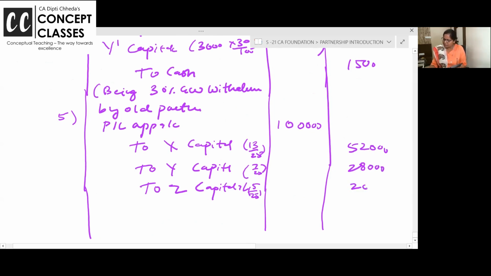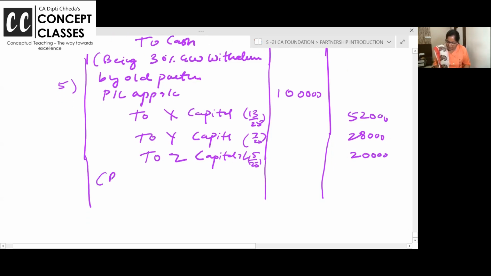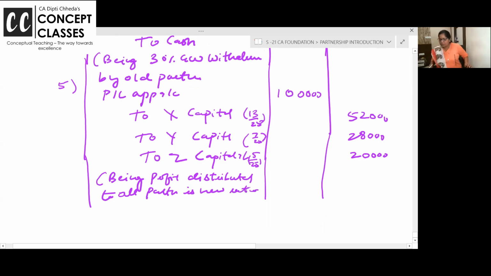And 4,000 into 5, 20,000. Being profit distributed to all partners in new ratio.